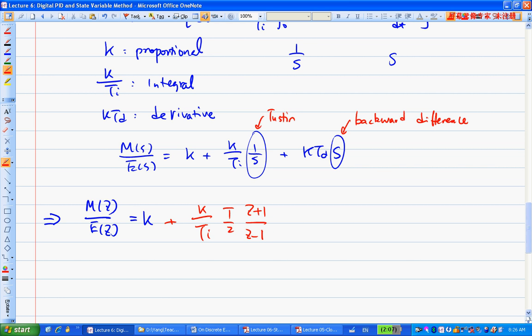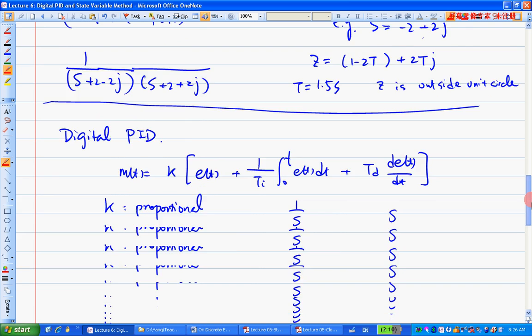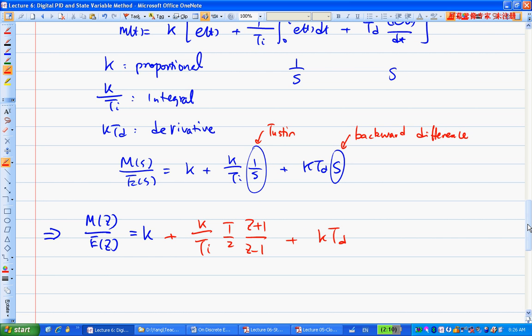And this s here, if I use backward difference, that will be (z minus 1) over zT. Is that okay? There's nothing tricky here, just bring it over.